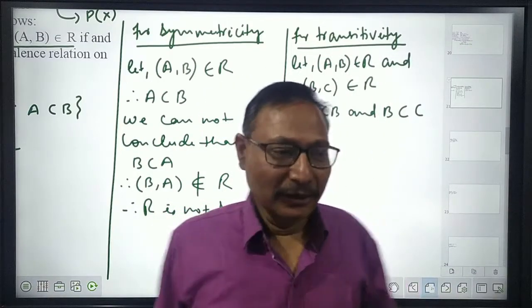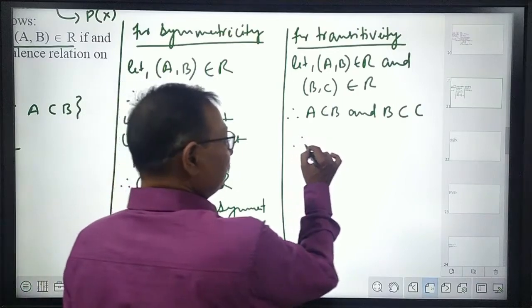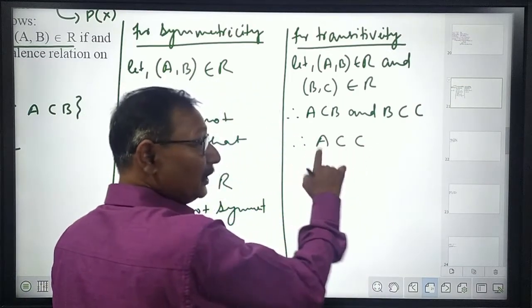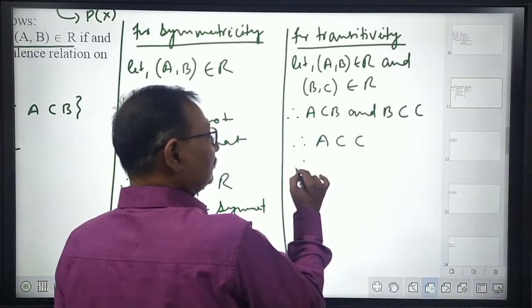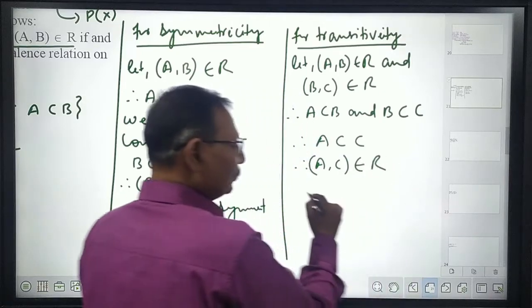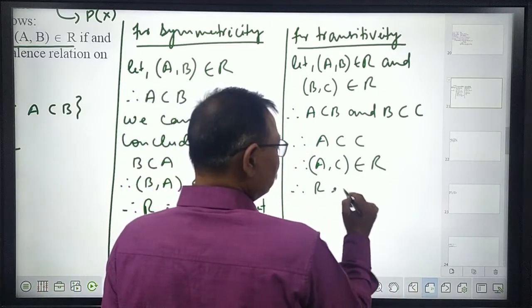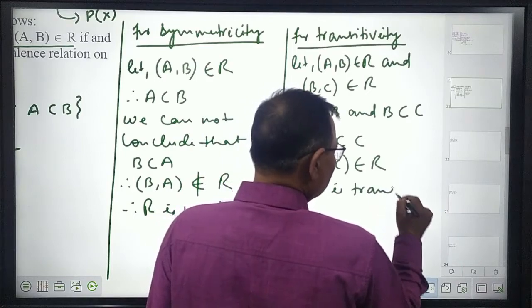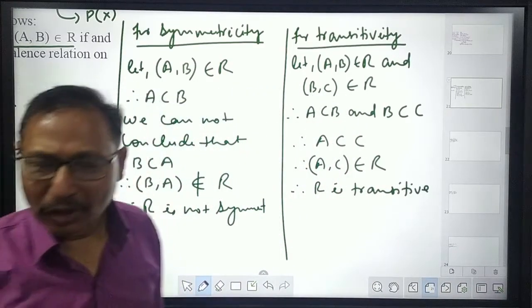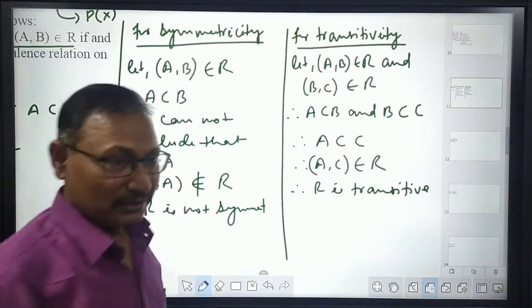Yes, we can. So we can conclude that A is a subset of C, and if A is a subset of C, then A comma C must be a member of R. So R is transitive. But mind it, it is not an equivalence relation because it is not symmetric.